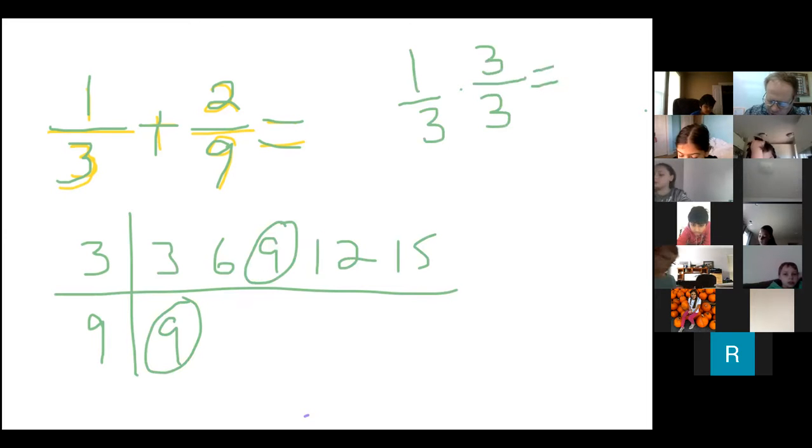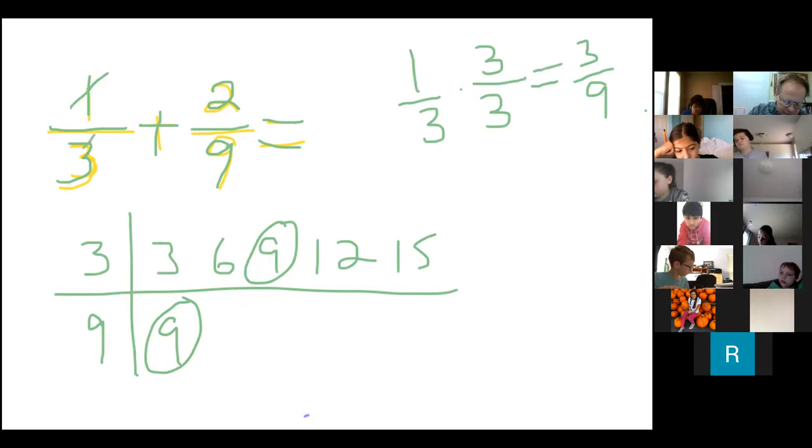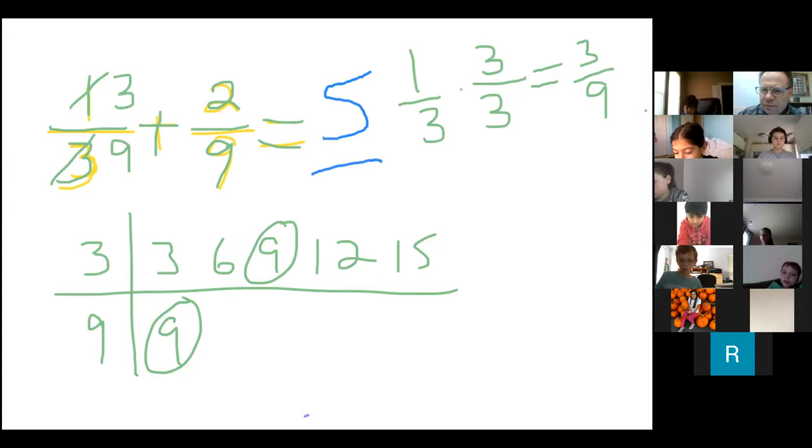So that 1/3 becomes 3 ninths. Okay, so now you take your 3 ninths and you add it to 2 ninths. 5 ninths. Okay, yep, that's correct.